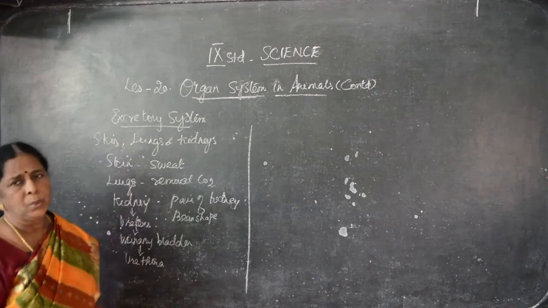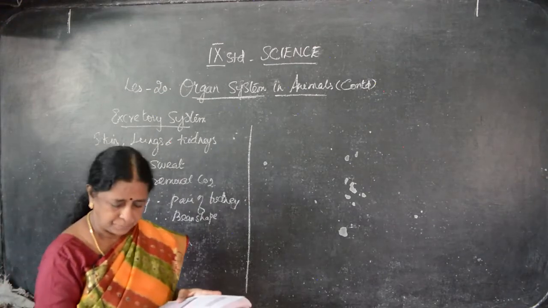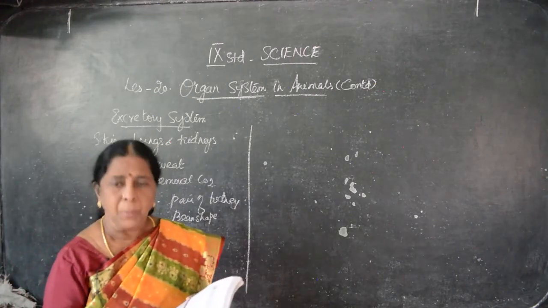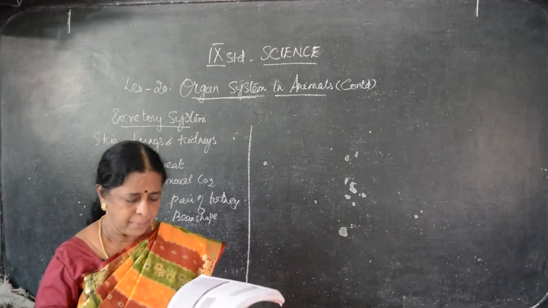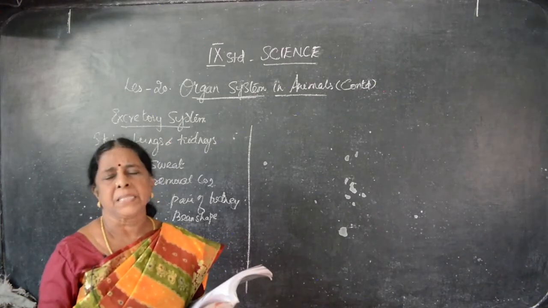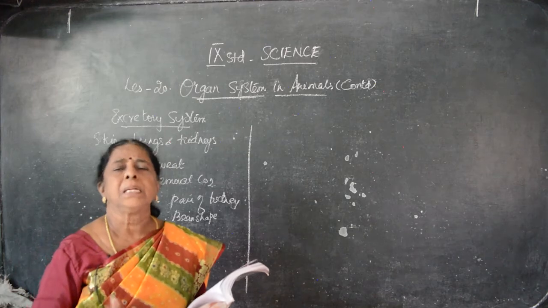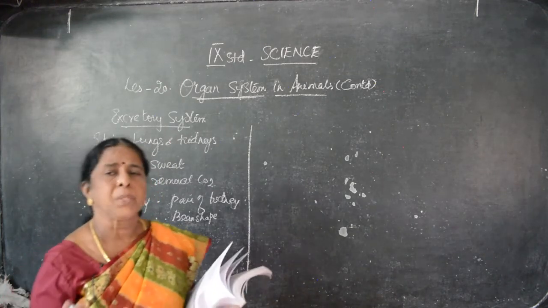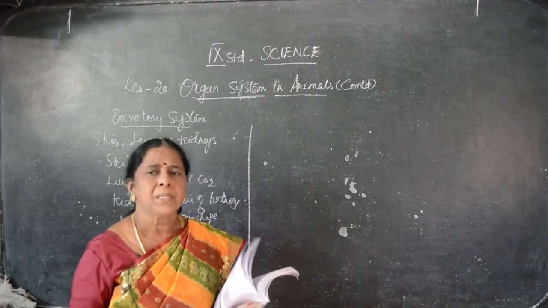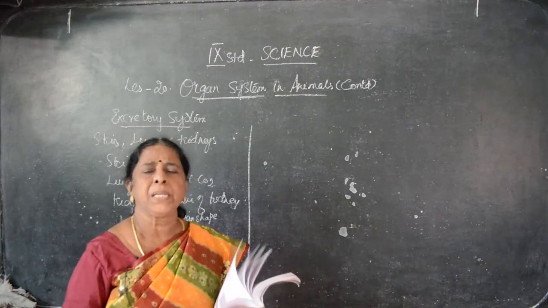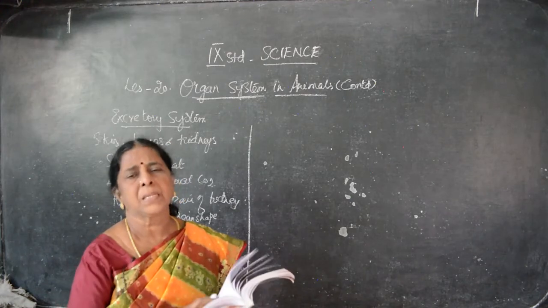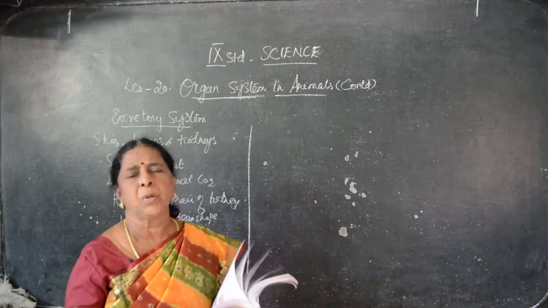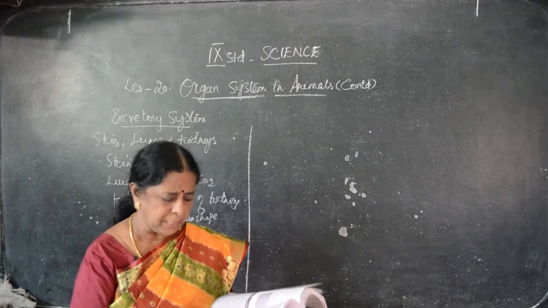So let us go into the process in detail. Human excretory system. The food you have taken is digested and assimilated into energy and waste product. All the processes which happen in our body are known as what? Metabolic activities. Already we have studied catabolism and anabolism, together called metabolism.